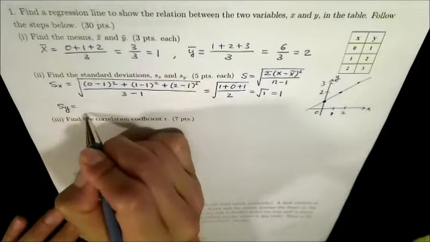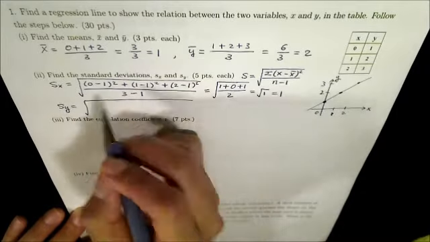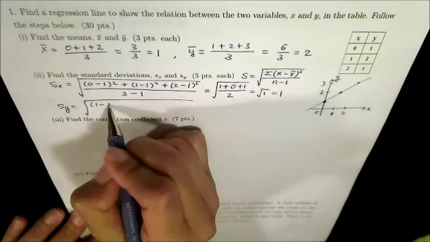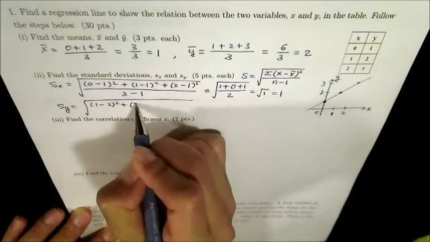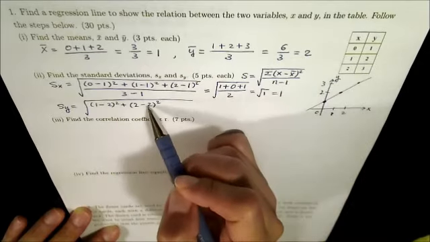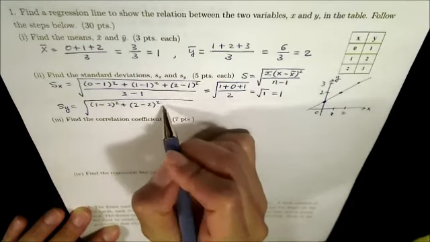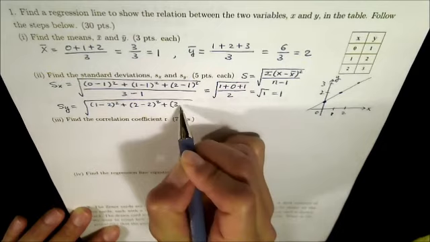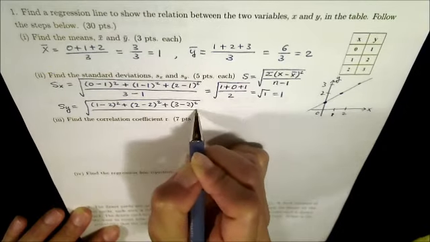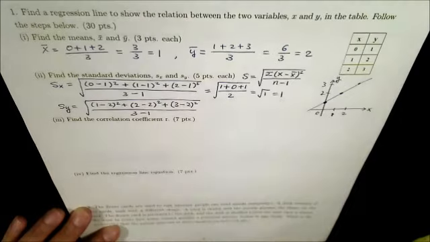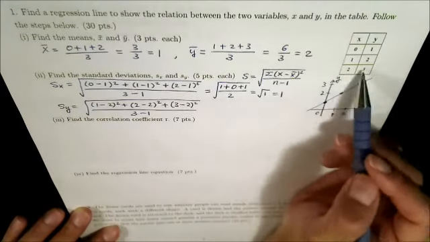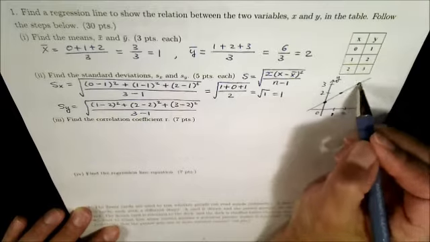S of y, again the same thing. The first variable, 1 minus y bar, this time y bar is 2, squared, plus 2 minus 2 squared, plus the third variable 3 minus the mean 2 squared, divided by 3 minus 1. Here we have 3 data points.